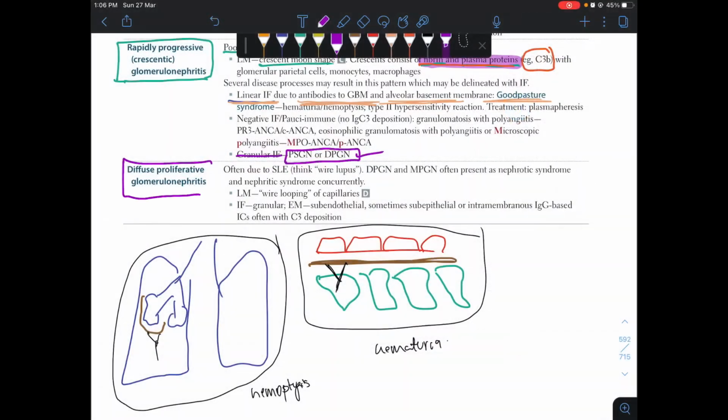This is the most important point. And in PSGN, as we discussed earlier, the granularity is due to deposition of IgG, IgM, and C3. And diffuse proliferative glomerulonephritis is seen in SLE patients.